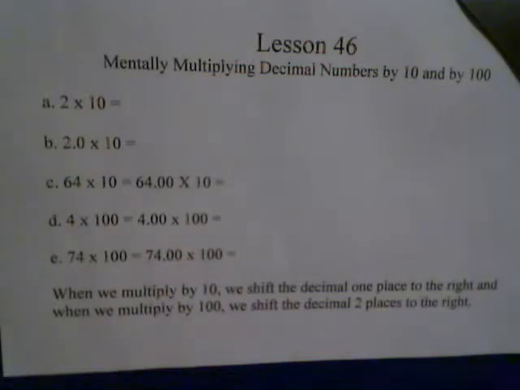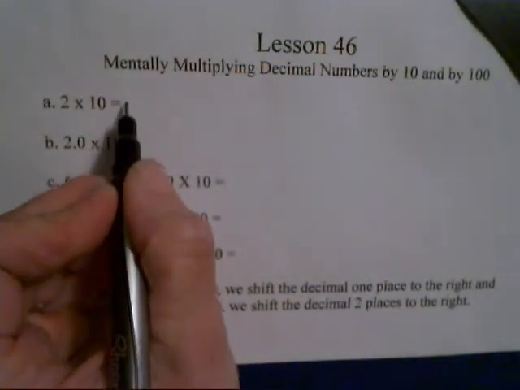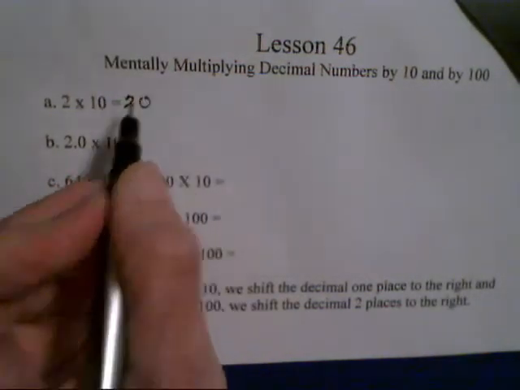We've got lesson 46 from Saxon 76, and this is about multiplying by 10 and 100, which is a super simple way to make problems easier for yourself. So here we go. 2 times 10, we know, is 20.